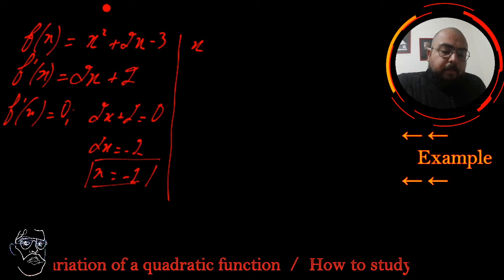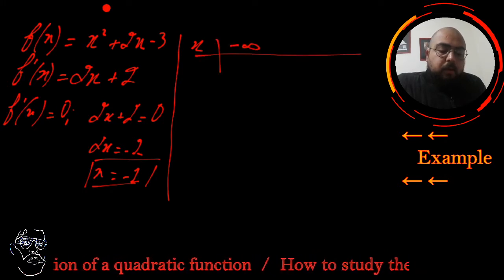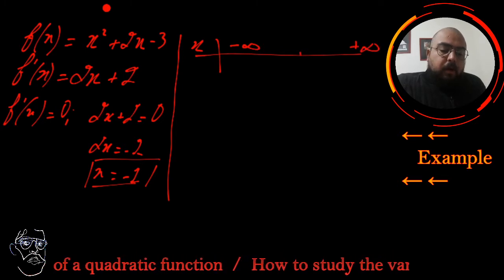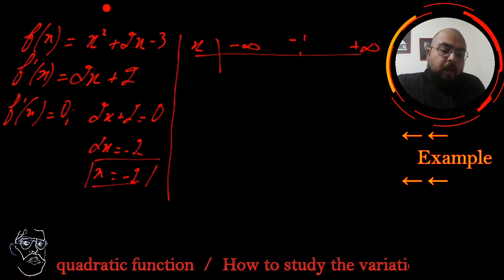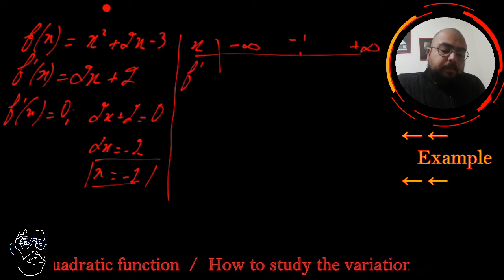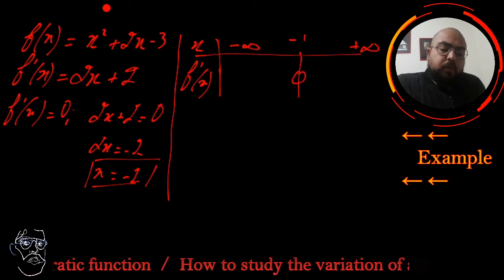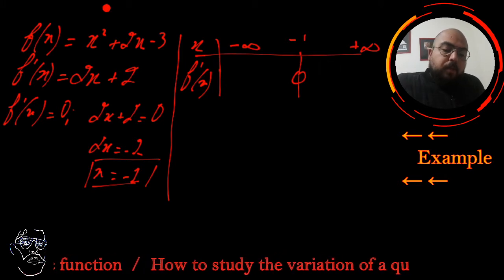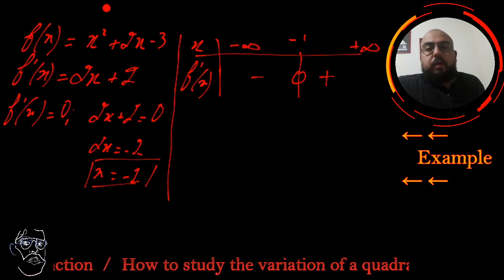So x, taking values from minus infinity to plus infinity, passing by our value minus 1. f prime of x will be 0 for x equal to minus 1. It will be positive on the right side and negative on the left side.